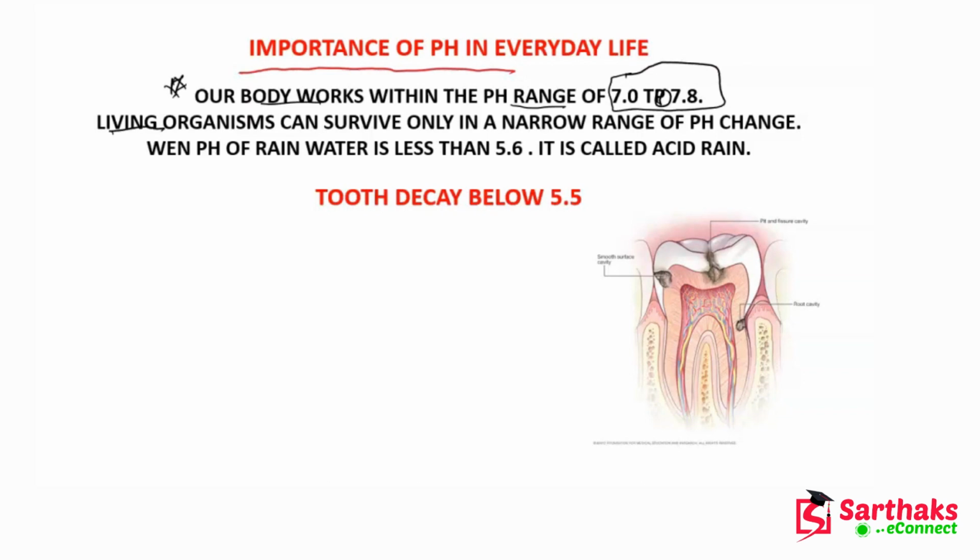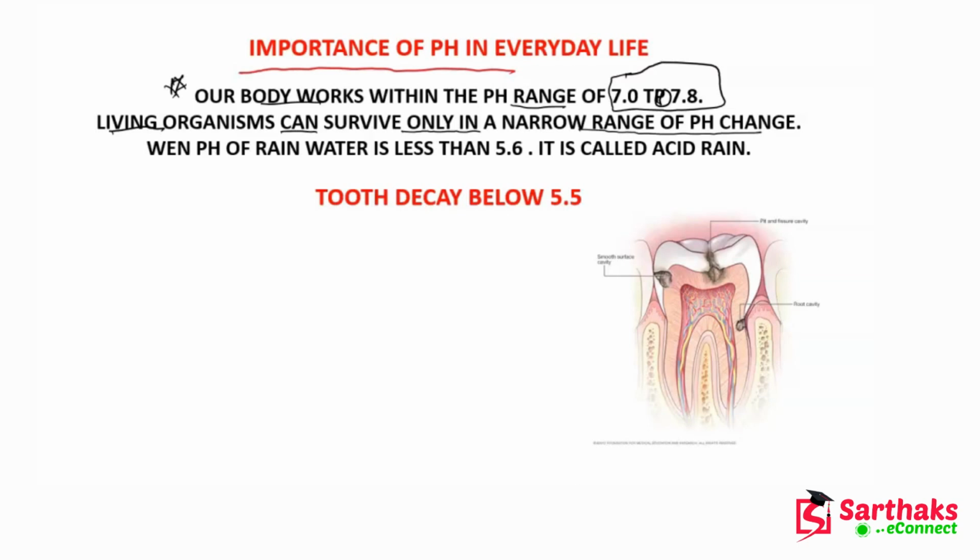Now, living organisms can only survive in a narrow range of pH. It means that the medium should not be very acidic or very basic. The pH range should be narrow, and only then will it work.